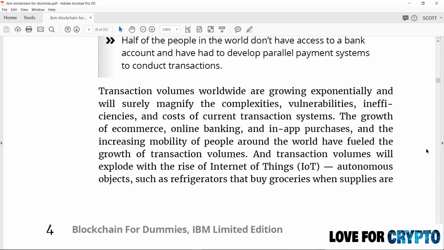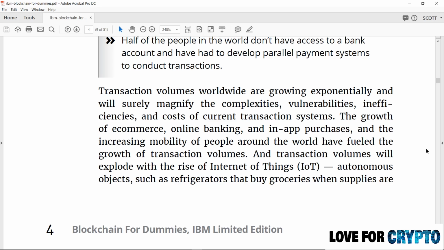The transaction volumes worldwide are growing exponentially and will surely magnify the complexities, vulnerabilities, inefficiencies and costs of current transaction systems. The growth of e-commerce, online banking and in-app purchases and the increasing mobility of people around the world have fueled the growth of transaction volumes, and transaction volumes will explode with the rise of the Internet of Things.